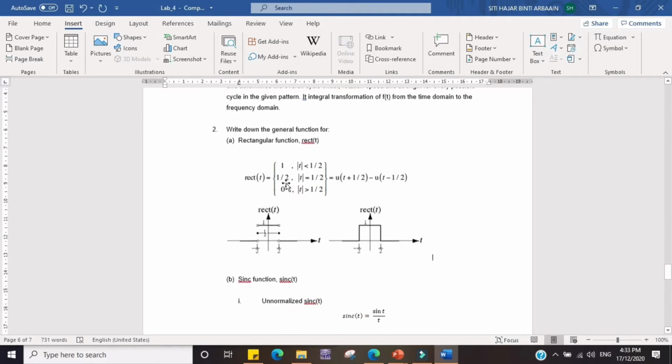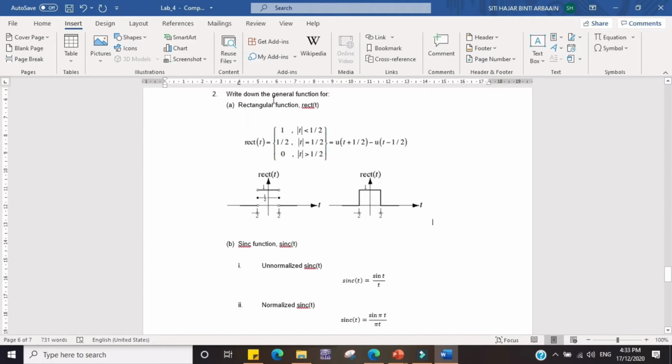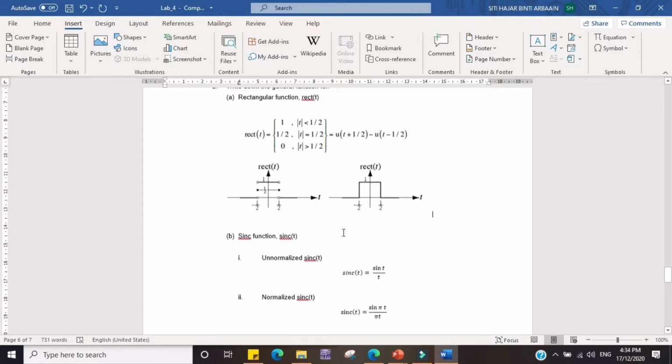For question 2, we need to write down the general function for the rectangular function and the sinc function. For the rectangular function, the general function is rect(t) = 1 for |t| less than 1/2, 1/2 for |t| equal to 1/2, and 0 for |t| greater than 1/2.